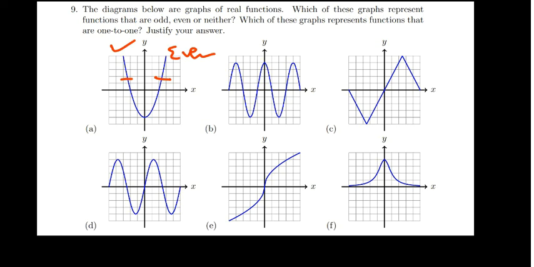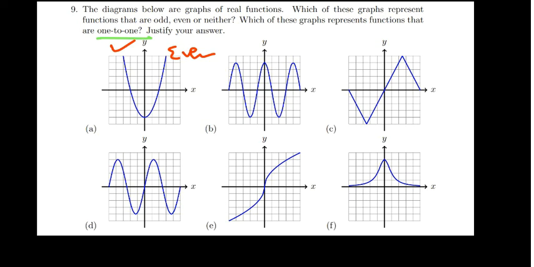Whenever you are able to cut it in half using the y-axis, and one half is like an image of the other side, it's an even function. Now whenever you're able to draw a horizontal line parallel to the x-axis, if it cuts the graph twice, then it's not a one-to-one function. So this function is not one-to-one.